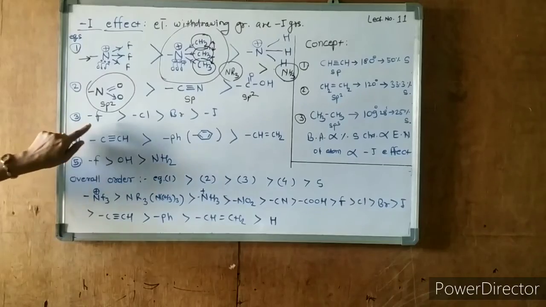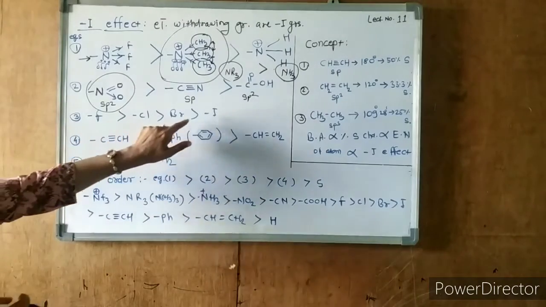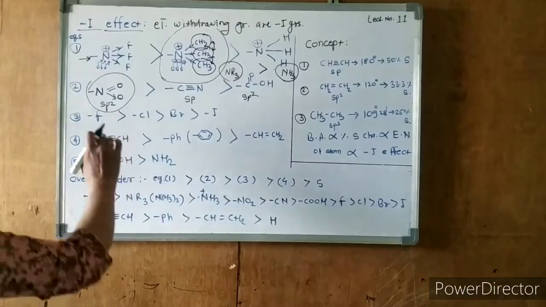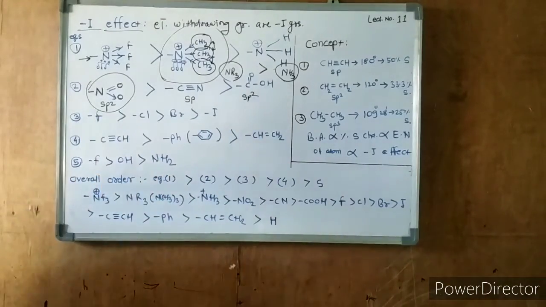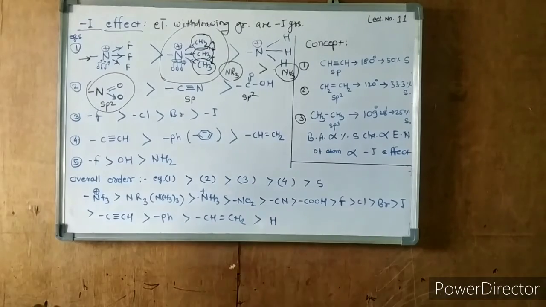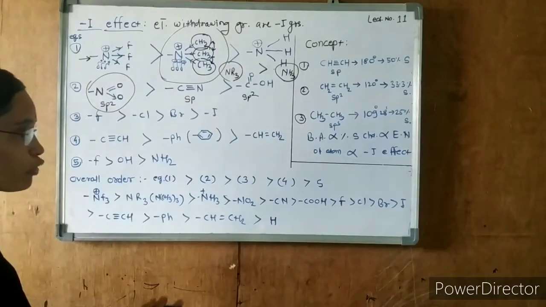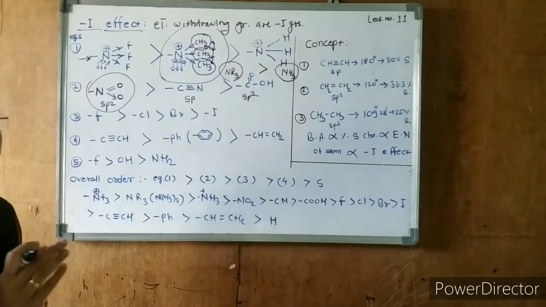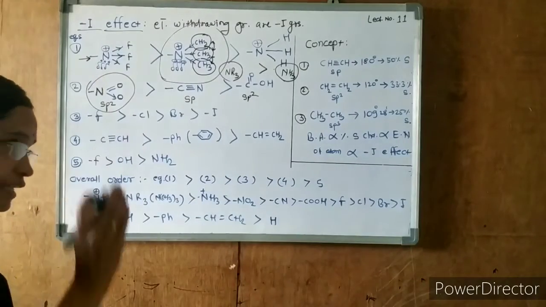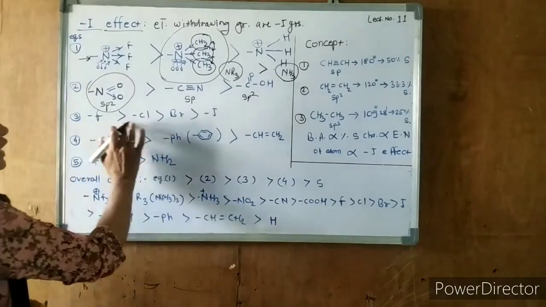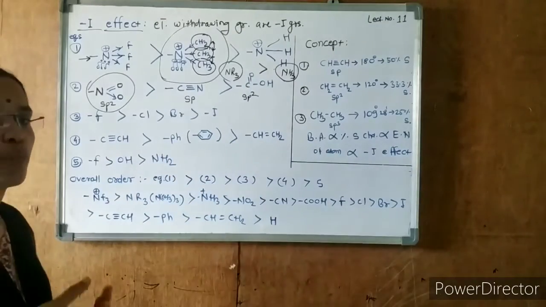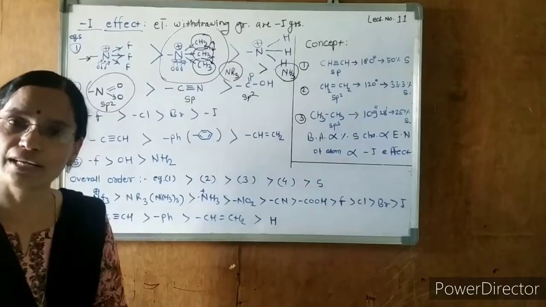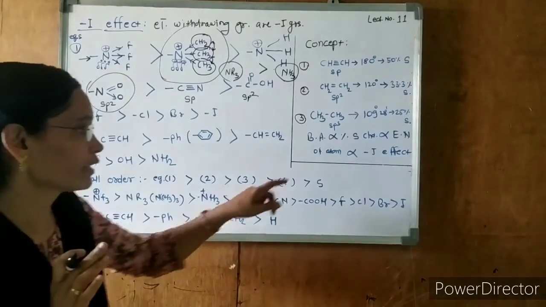Now the third sequence here: fluorine, chlorine, bromine and iodine. These are the atoms present in the halogen family, and in the halogen family from top to bottom the electronegativity decreases and atomic size increases, right? So electronegativity decreases in the same order, and as electronegativity decreases, minus I effect also decreases, that we know already, right?